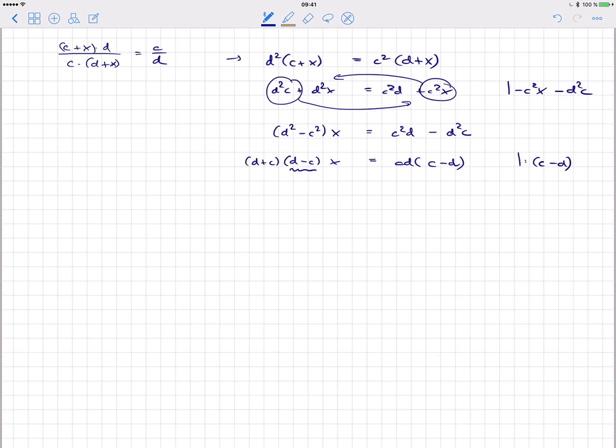Well, actually, let's put the minus sign on the right-hand side. So we are left with d plus c times x equals just minus cd. So x equals minus cd over c plus d.